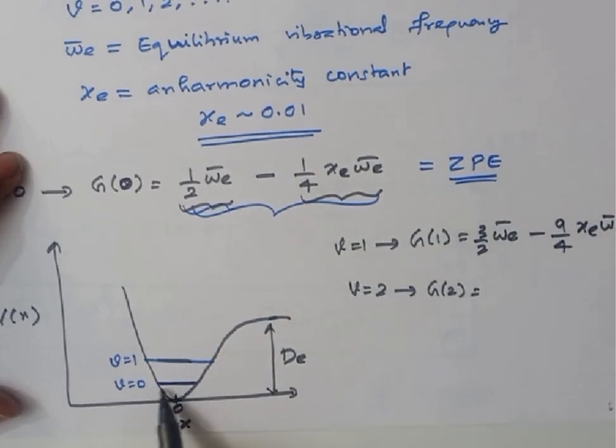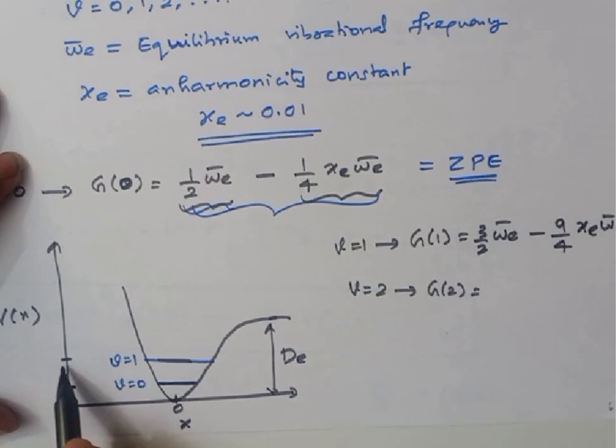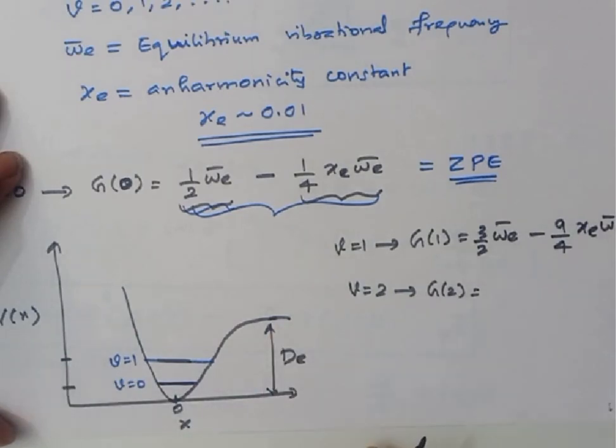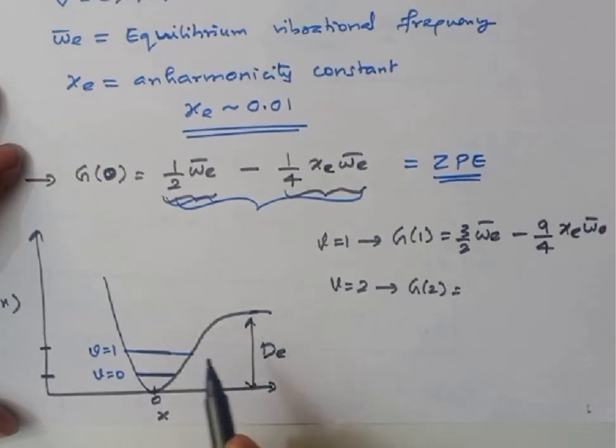When v equal to 0, this is the energy. And when v equal to 1, this is the energy. Between these two there are many possible values, but those values are not accessible by the molecule. When v equal to 2, what will happen?